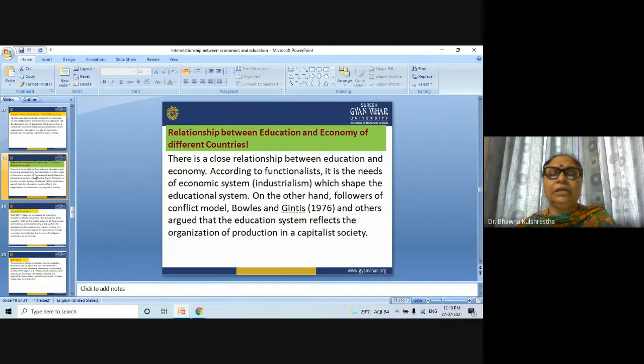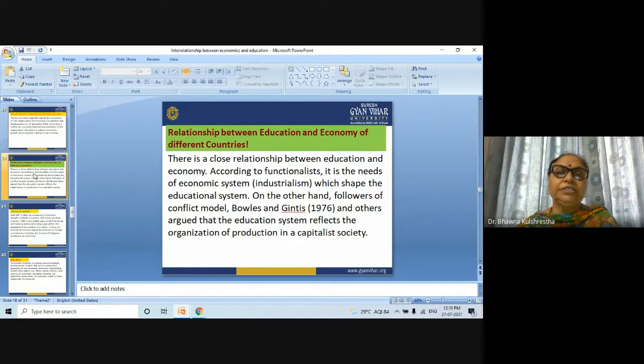On the other hand, followers of the conflict model, Bowles and Gintis, 1976, and others argued that the education system reflects the organization of production in a capitalist society.